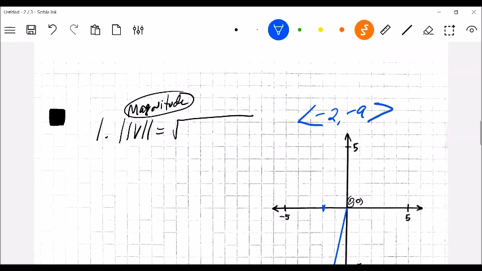Okay, now it's actually a vector. But we're going to go from 0, 0 to negative 2. 0 minus the negative 2 squared plus 0 minus negative 9 squared.